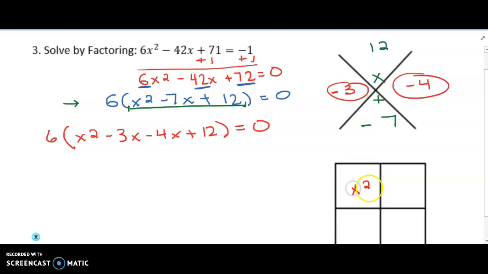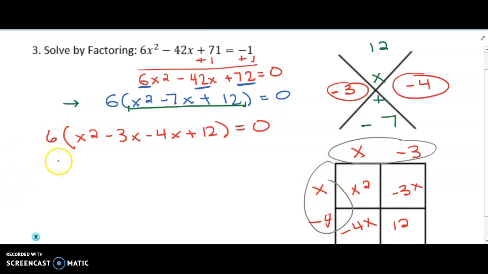Okay, you should have put each term in the box, so x squared, minus 3x, minus 4x, positive 12. Okay, x and x, minus 3, minus 4, here are my factors. So you're left with 6 parentheses, x minus 3, x minus 4 equals 0.